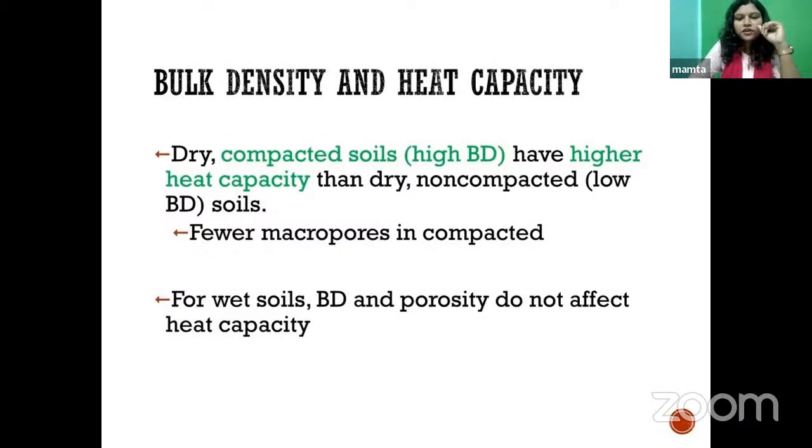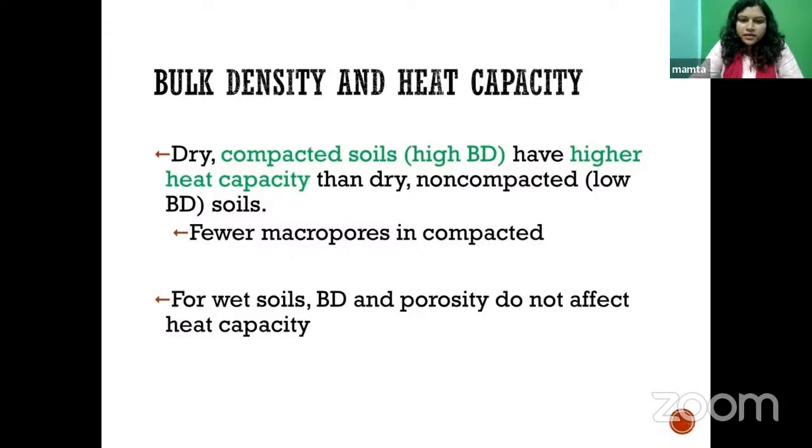So in compaction, what happens? All the soil particles get compact, meaning in a very low volume there are more and more particles. So that is why it has the higher heat capacity.